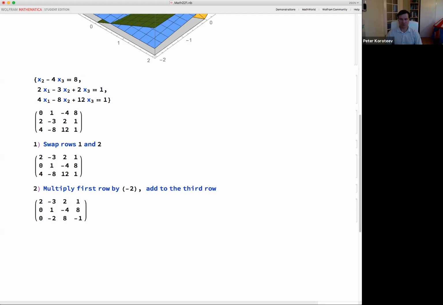Yeah, so we're getting there. Now, third step, we'll do the same. Now we keep the first row out, and work with the second and the third. So we multiply the second row by 2 and add to the third row.